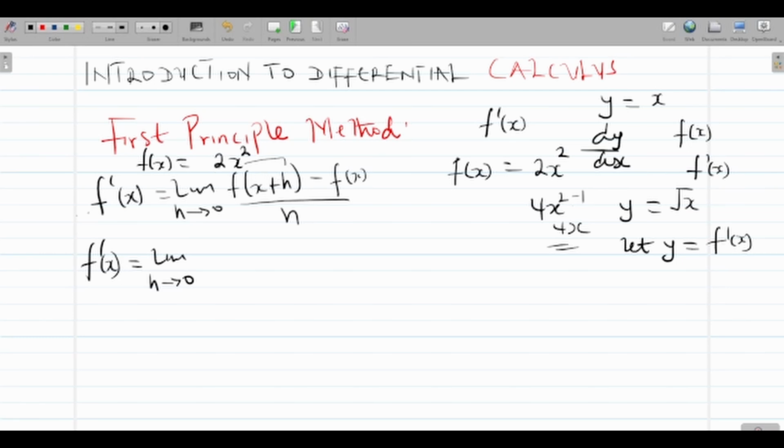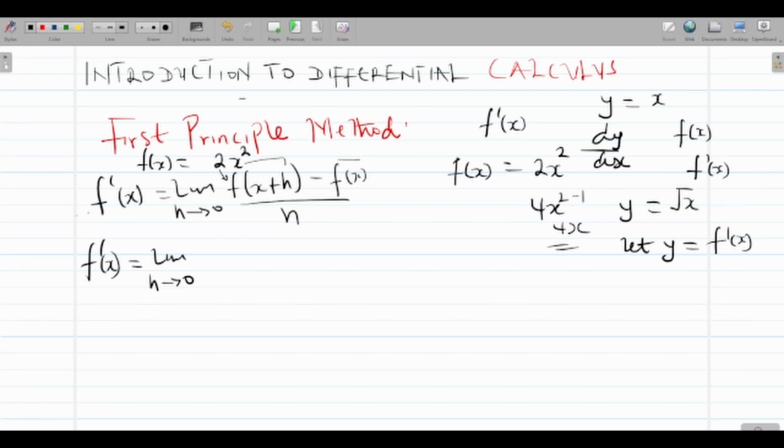The f of x here carries the entire function, which is 2x squared. So in this function, wherever you see x, you put x plus h. The number in front of the x goes to the f.